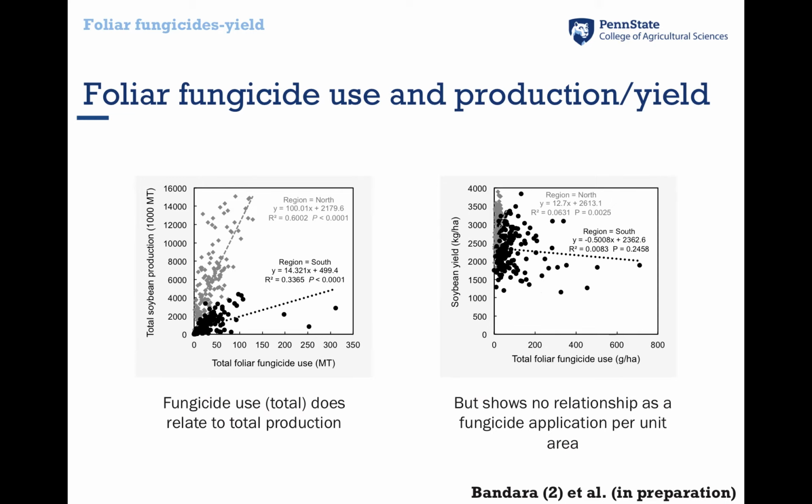On the foliar side, it's even messier, if you will. If you look at the total use and at the value in terms of production, you're talking on the order of some increase, but not a whole lot. At a field level, there's really no relationship, and it's very low if you figure in the cost structure of some of these products.